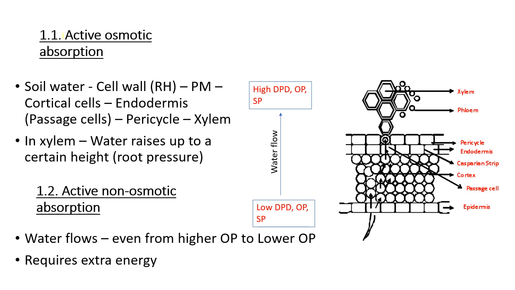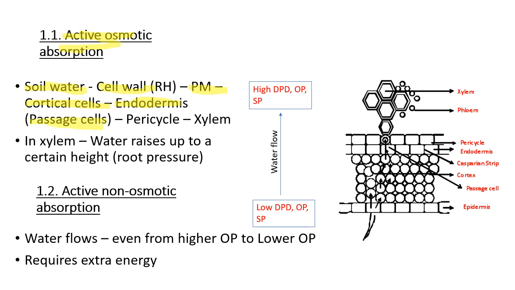Now for active osmotic absorption, I have given a generalized flow chart for the movement of water from soil to the xylem. First of all, the water present in the soil moves to the cell wall of the root hairs and then to the plasma membrane, and from the plasma membrane the water moves to the cortical cells, and from the cortical cells the water moves to the endodermis through specialized cells called passage cells.